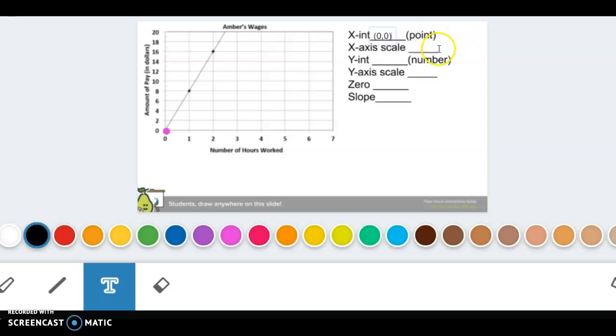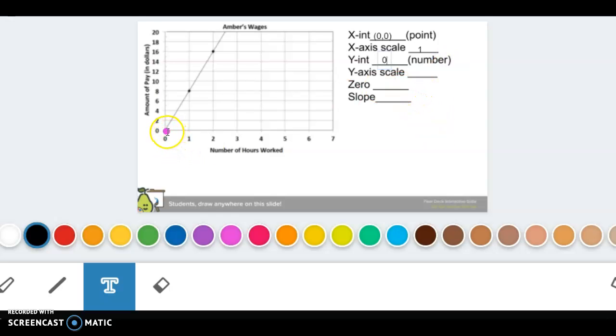If it asked me just for the number, then I can just say 0. My x scale is counting by ones. My y-intercept, in this case, is also 0. That won't always be the case. It could start up here at the 10 on some of your problems. But my y-intercept as just a number would be 0.